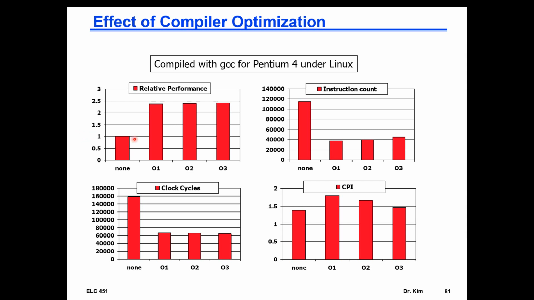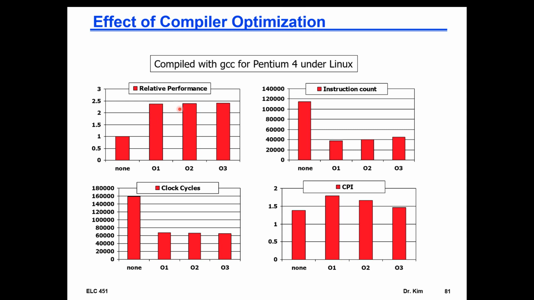But here we have normalized the performance without optimization to 1. And now we're looking at the different levels of optimization. So here it could be said that the higher levels of optimization don't buy you much more for this specific program. But just having 1 level of optimization, you can more than double the performance of this program.